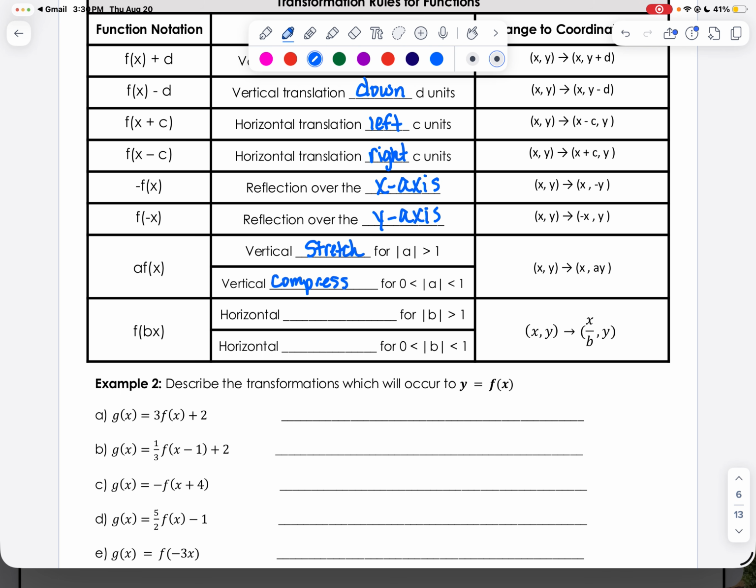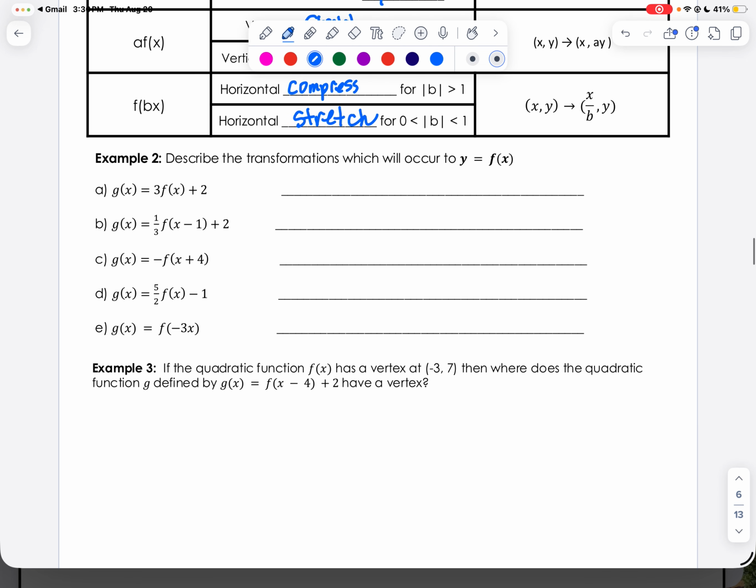Now, f of bx, when b is greater than 1, it will horizontally compress. And if b is between 0 and 1, it will horizontally stretch.